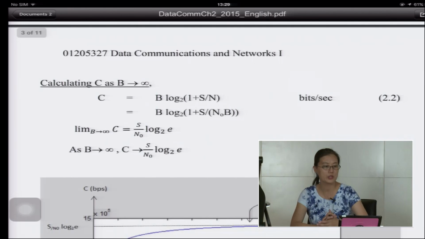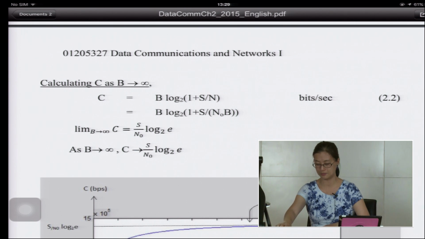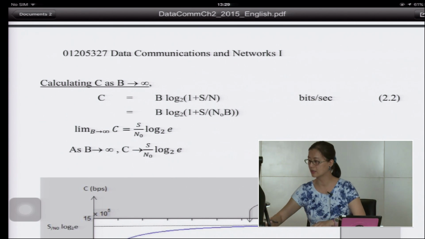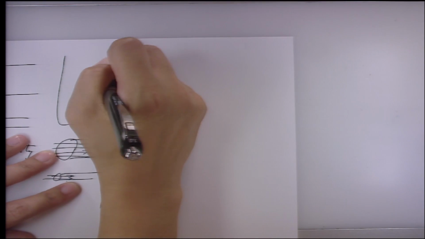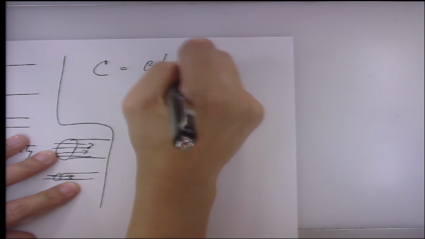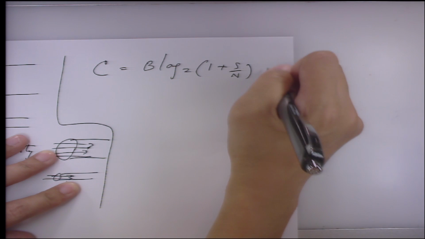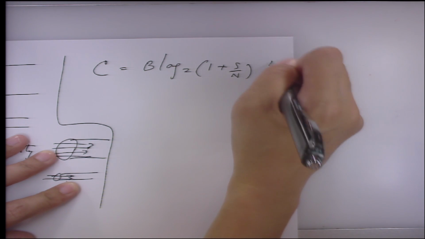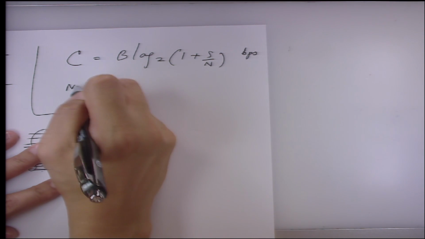Now if you want to calculate the channel capacity as B goes to infinity, from the channel capacity C equal to B log base 2 of 1 plus S over N, bits per second. Here N is the noise power.